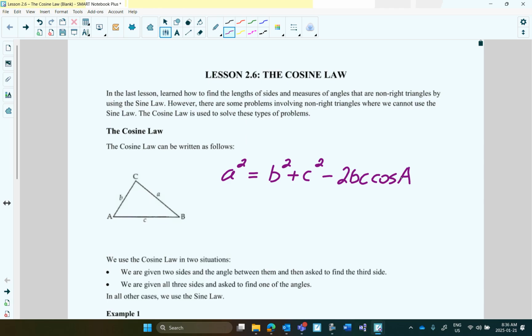There are two other variations of it where you can find b squared, and it's going to be the other two sides squared and added together minus 2 times those other two sides multiplied together times the cos of the angle opposite the side we're trying to find. And then you can do the same thing for c squared.